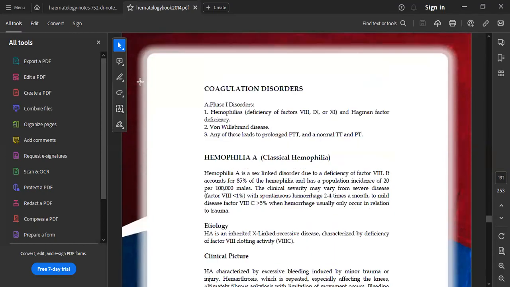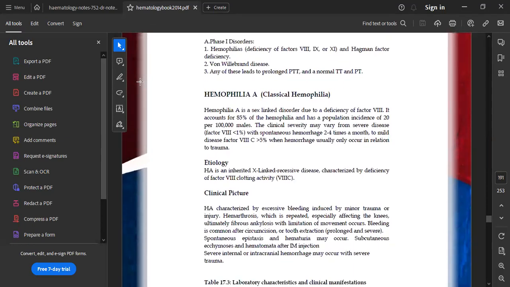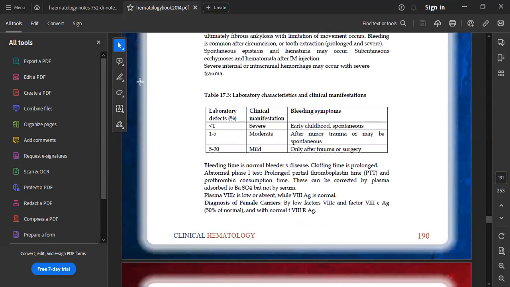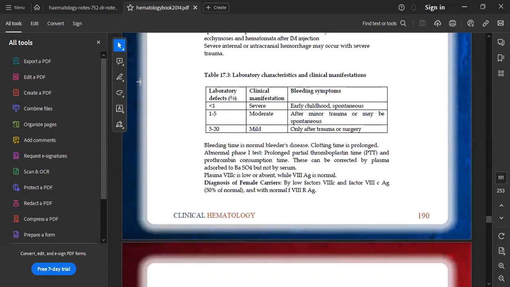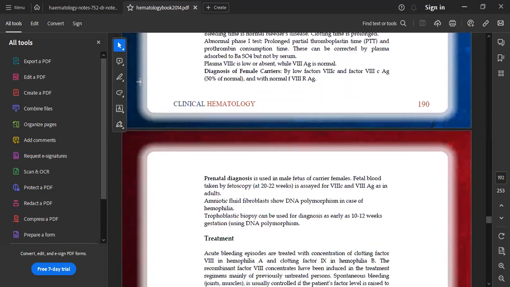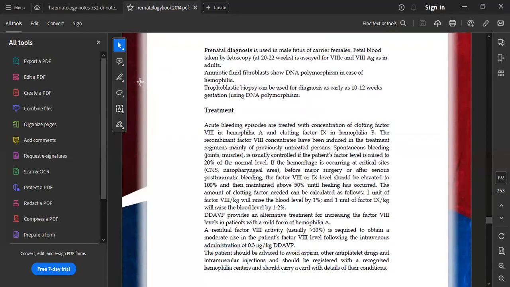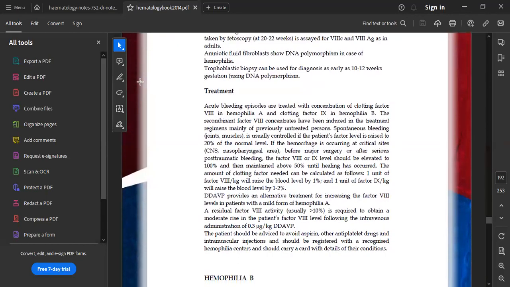I didn't see hemophilia B. Where is it? No, it's down here.